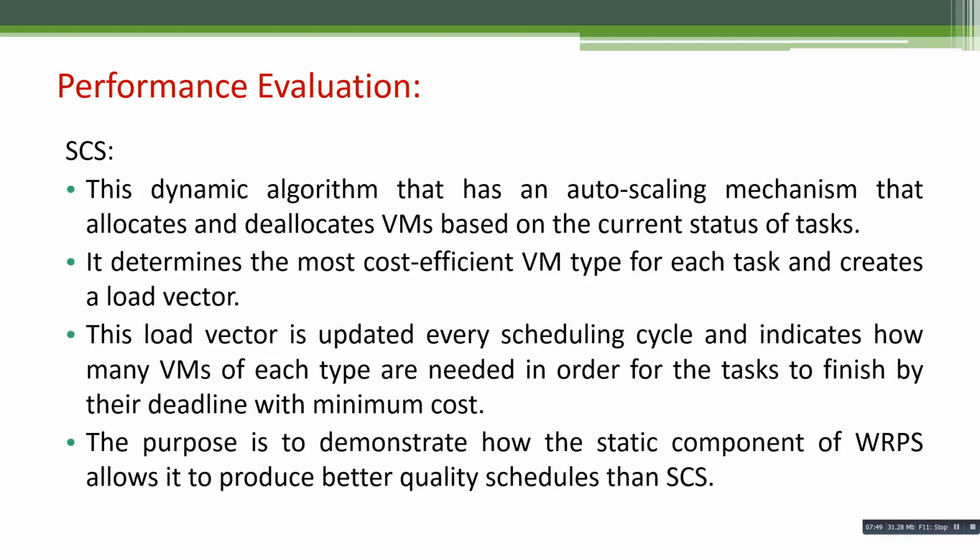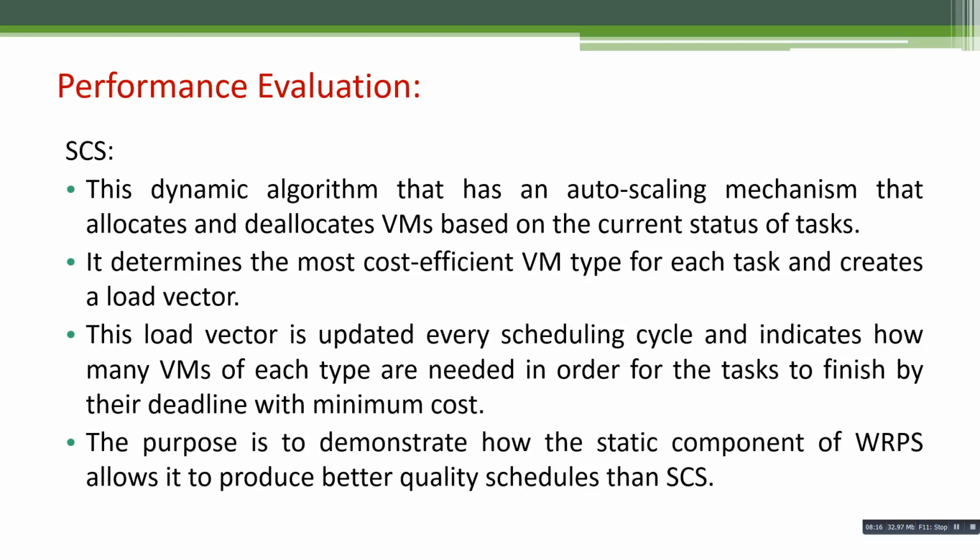The second type of evaluation is SES. This dynamic algorithm has an auto scaling mechanism that allocates and deallocates VMs based on the current status of workflow tasks. It determines the most cost efficient VM type for each task and creates a load vector.